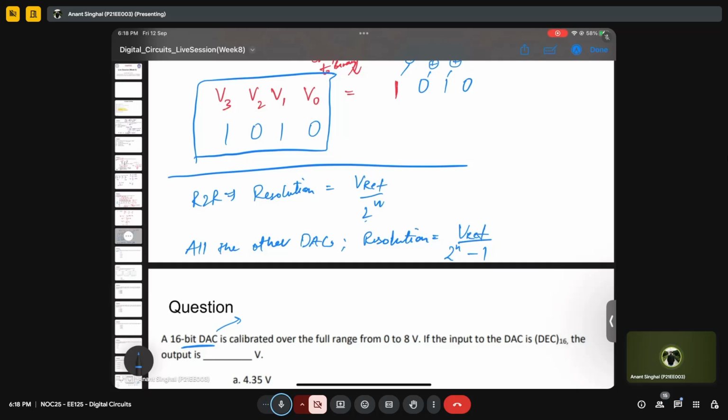So this is the only difference, and if you calculate that in decimal, it will be very small. So if nothing is given about what type of DAC it is, you can assume it to be R2R or the binary weighted DAC also. So considering that, please try to solve this problem.